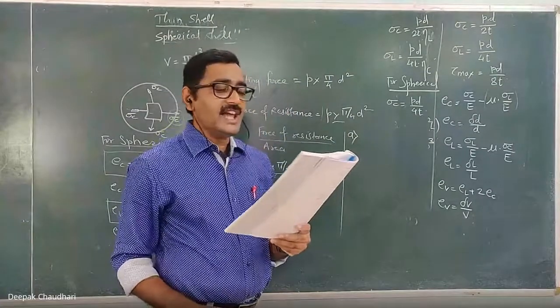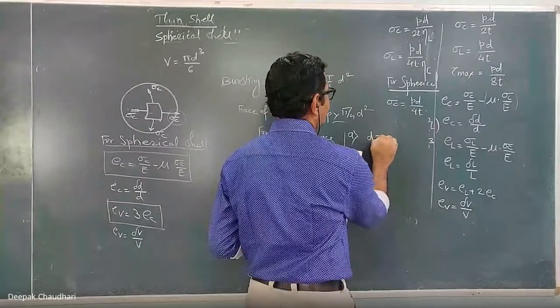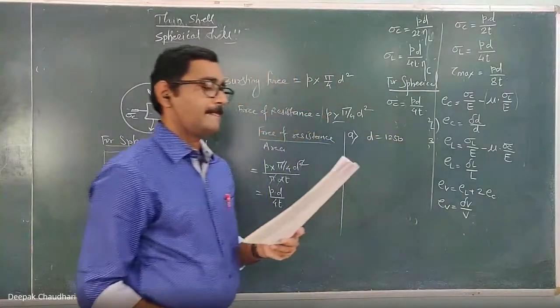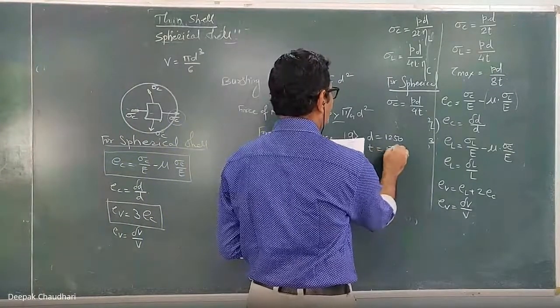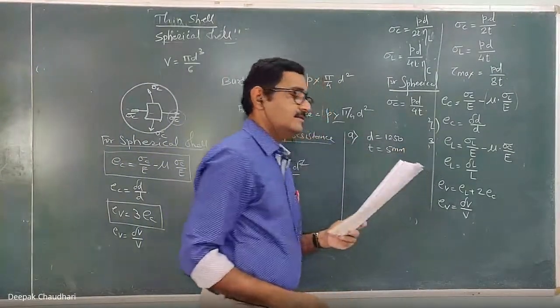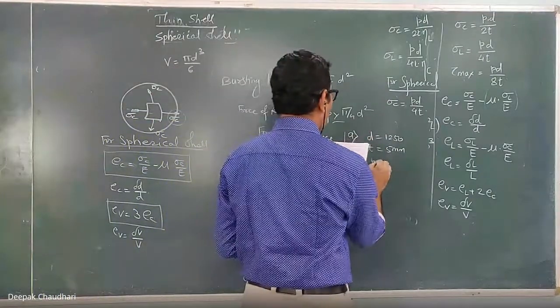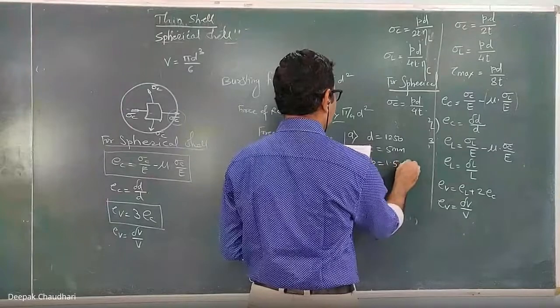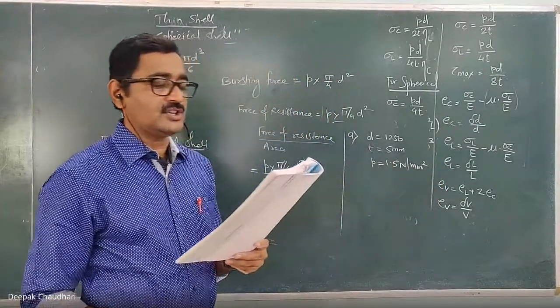A spherical shell having 1250 millimeter diameter, and manufactured by using a plate of thickness of 5 millimeter. It is filled with a fluid under the pressure of magnitude 1.5 Newton per millimeter square. This is the internal pressure.